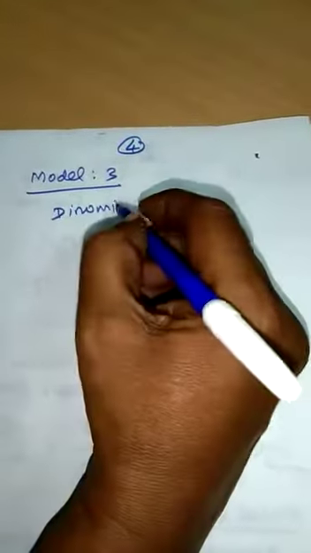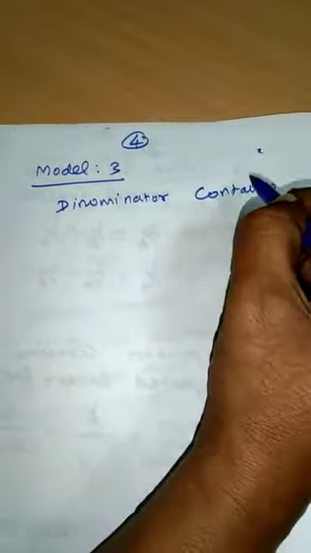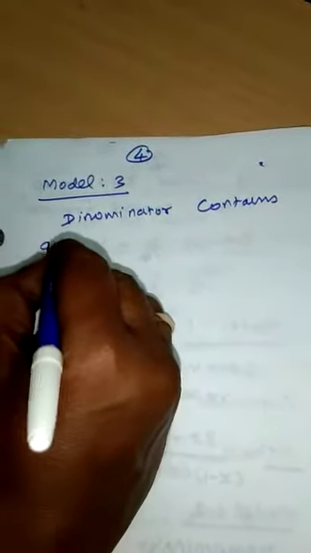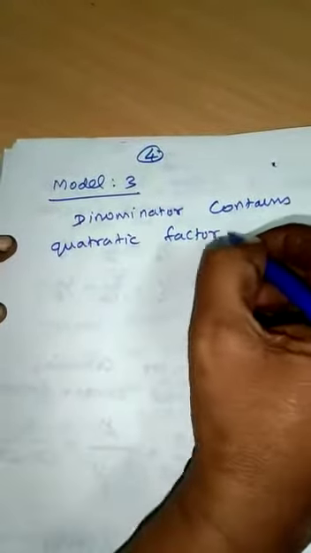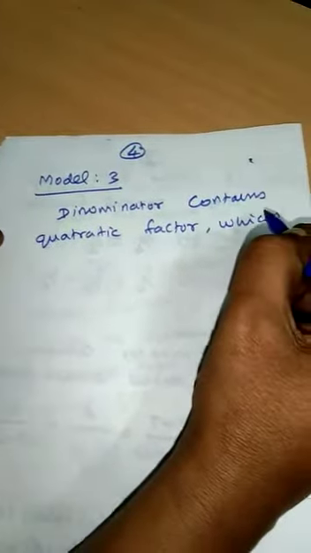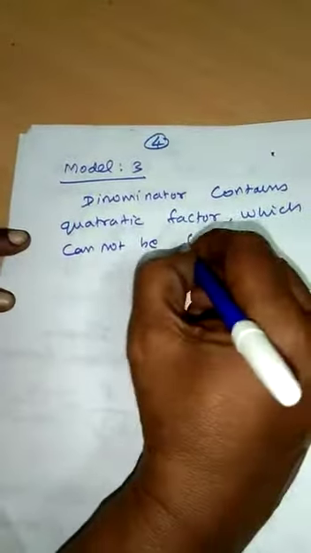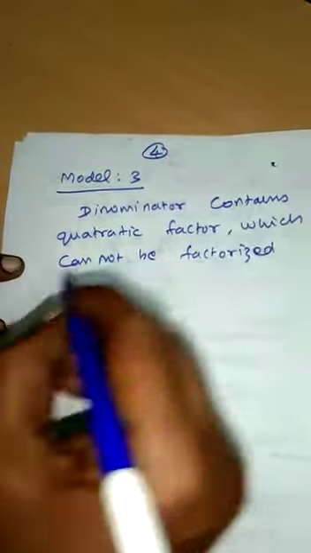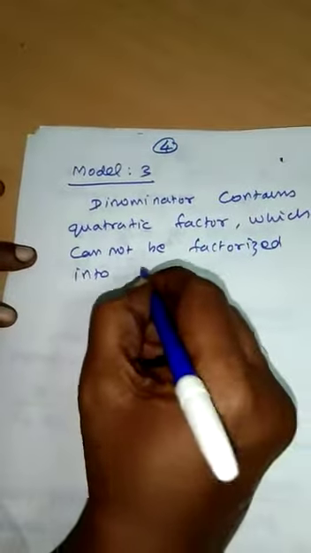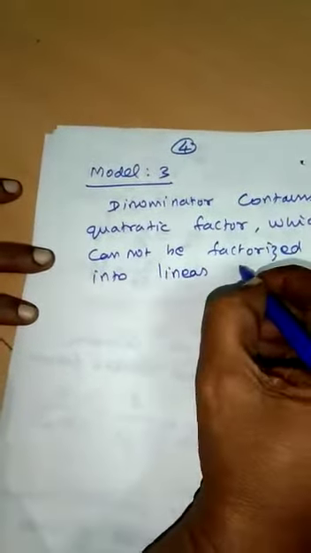Model 3. Denominator contains a quadratic factor which cannot be factorized into linear factors.